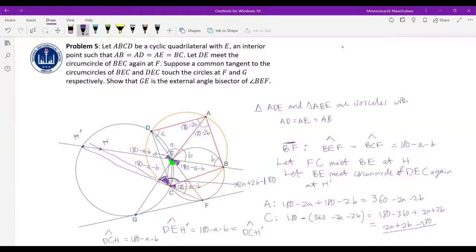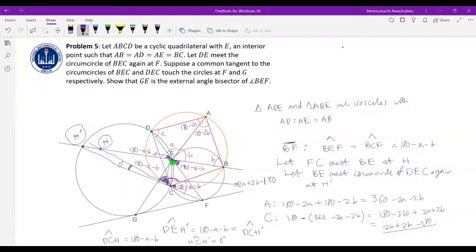So what does that tell us? It means the angle HCH prime is equal to 0 degrees. So in fact, point H prime and point H are the same point. Very, very important.